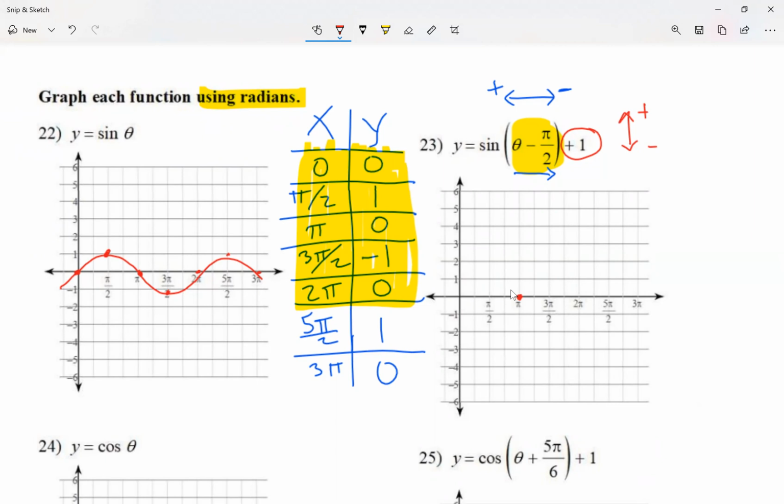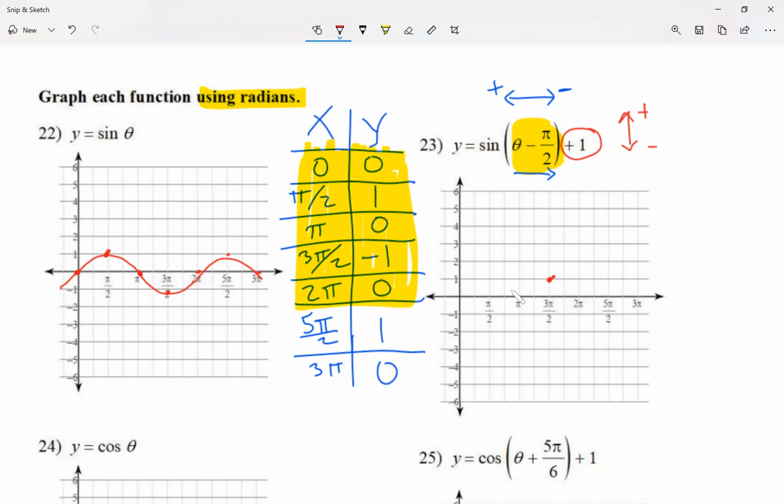Then I have to move it up 1 space. So that point, like I said, moves pi over 2 to the right and up 1 space. I'm going to be here. Okay. Let me start with another point.